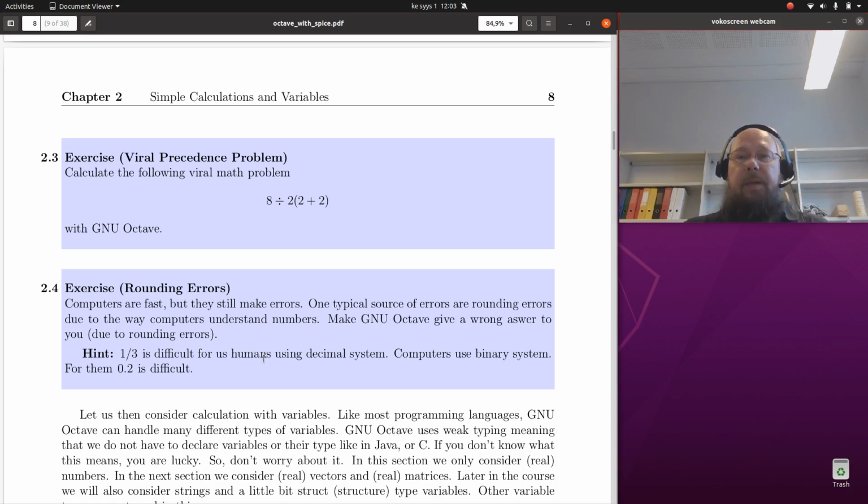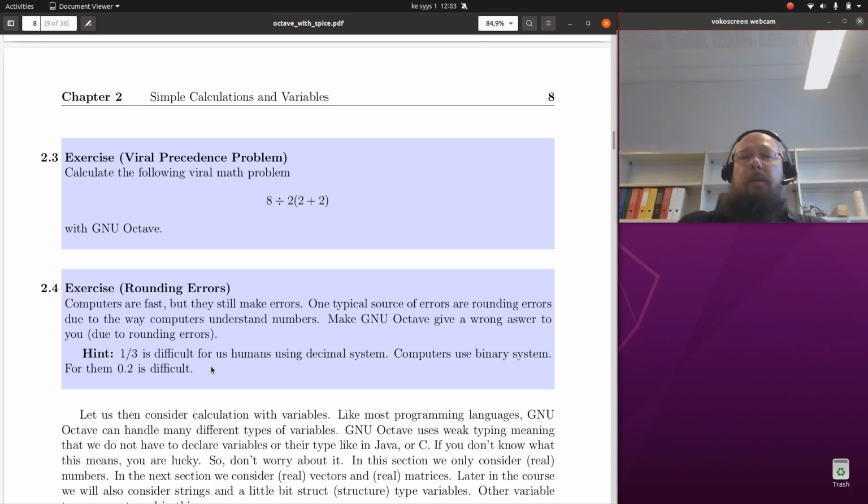So this is just a hint, and once you play around with equations involving 0.2, sum them up and subtract them and multiply or whatever you do, it turns out that it's not even a very complicated formula that will yield rounding errors with Octave.